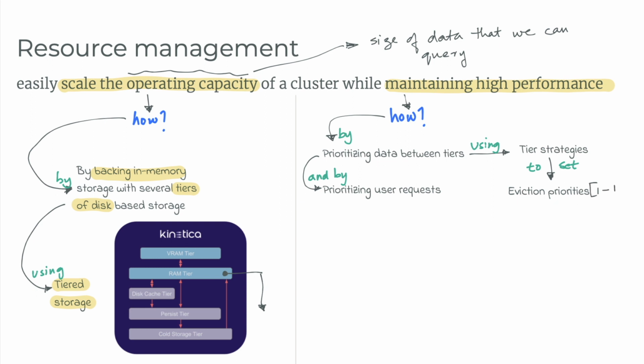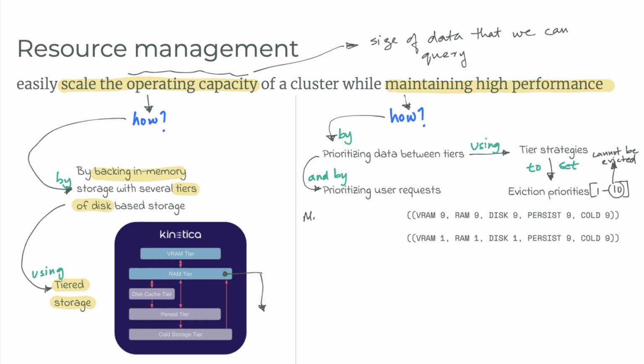Its value ranges from 1 to 10, where 1 indicates a high likelihood of eviction, while 10 indicates that it cannot be evicted from that tier. One way to use tier strategies would be to set the eviction priorities so that frequently used data objects are less likely to be evicted from memory when compared to those that are less frequently used. This helps limit data movement between the tiers and optimize memory usage.